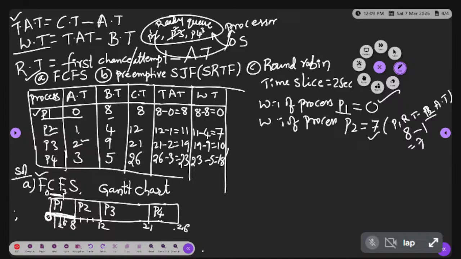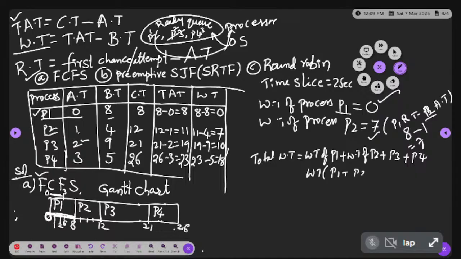Then total waiting time. Total waiting time is equal to waiting time of P1 plus waiting time of P2 plus waiting time of P3 plus waiting time of P4, or else you can write waiting time of P1 plus P2 plus P3 plus P4.